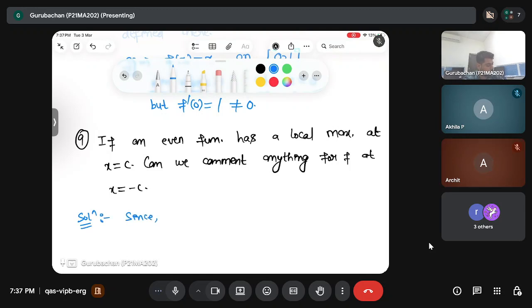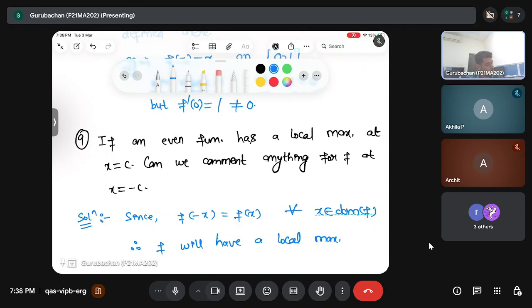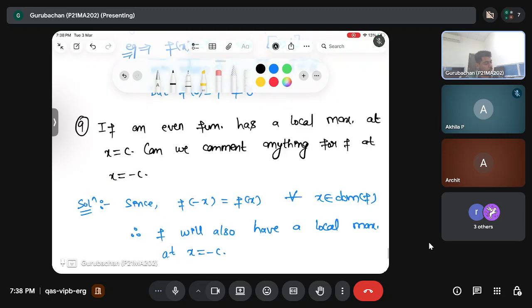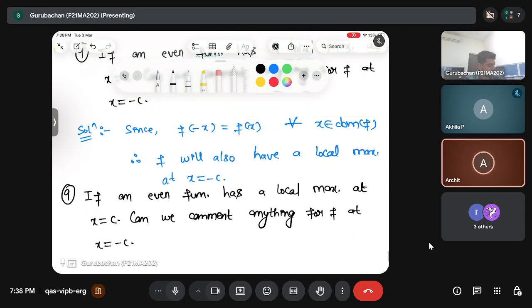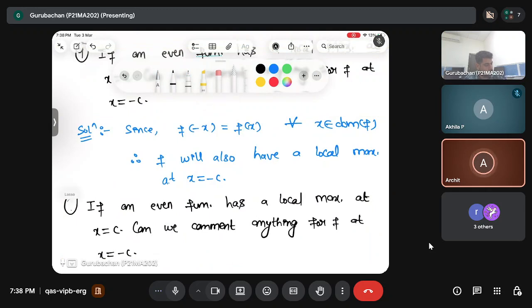Since f of minus x is f of x for all x lying in the domain of f, therefore f will have a local maxima here. Sir, if we have to prove this, then how will we approach?